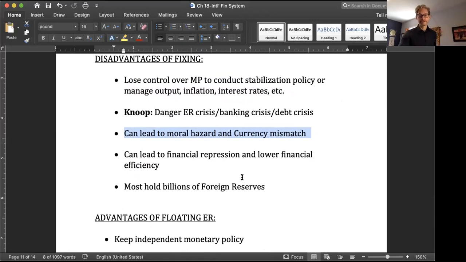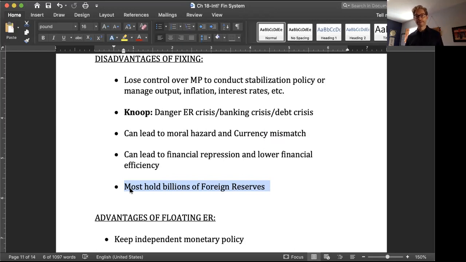Another cost of fixing is it really forces your central bank to hold billions of dollars of foreign reserves, right? If you're going to fix your currency, you better have a big backup. And what's the big backup? I better have a big stash of dollars sitting around to protect myself, right? It's kind of like an insurance policy. But what that means is, once again, you're lending all of this money to the US.